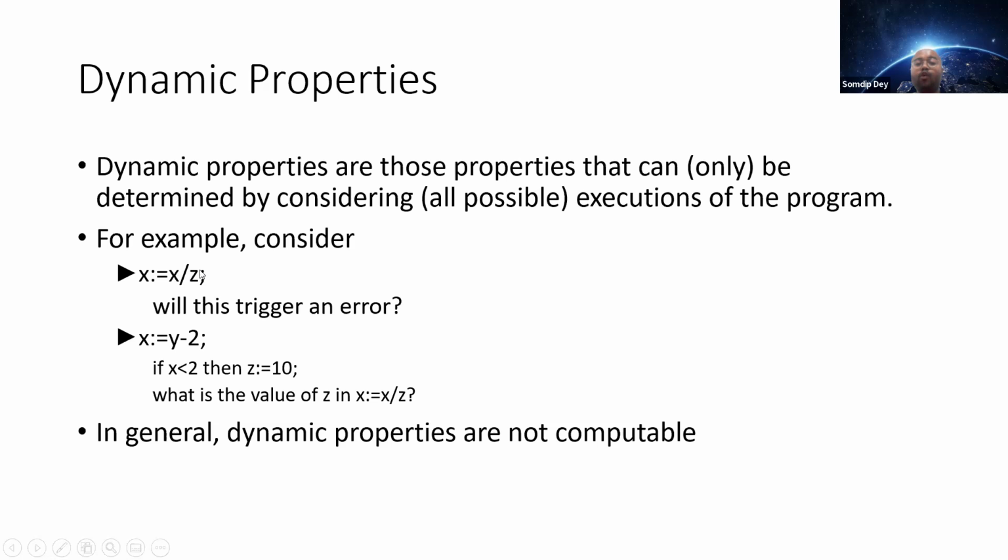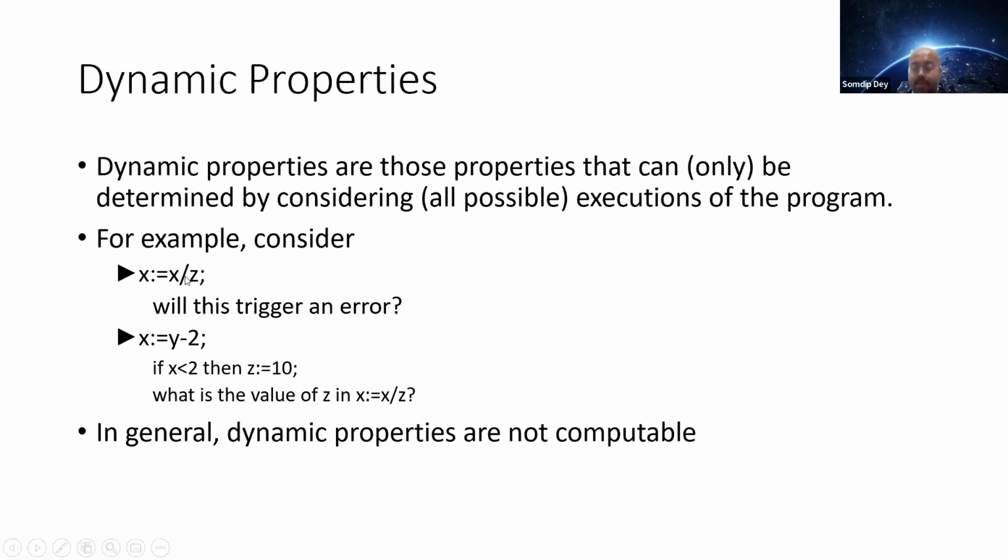Here, you are not sure what the output or the type of x might be, because evaluation of the expression x = x / z is dependent on the value of z.